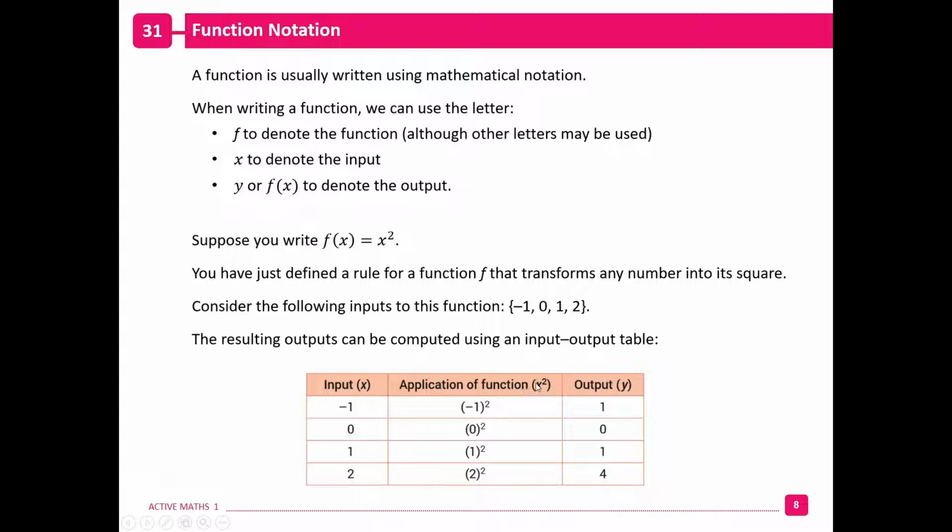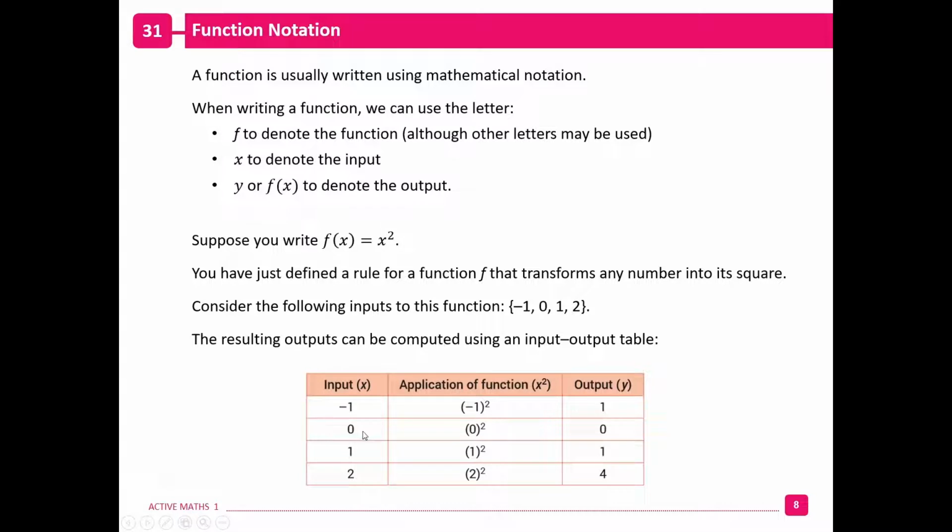So our rule is x squared. The inputs are squared. The input is times by itself. And then our third column is for our outputs, which we know are now called y, or, of course, f of x.